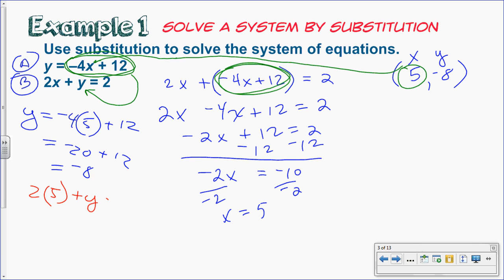Plus y equals what? What's that end up giving me? Now what? So does it matter? It does not matter.